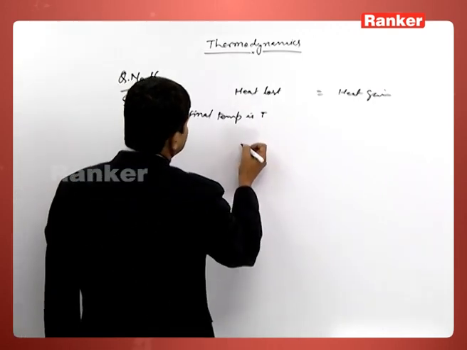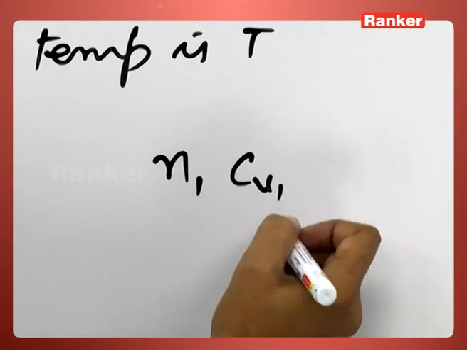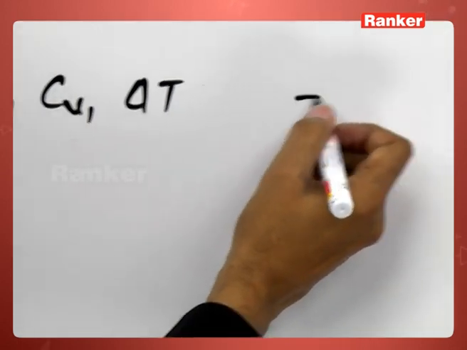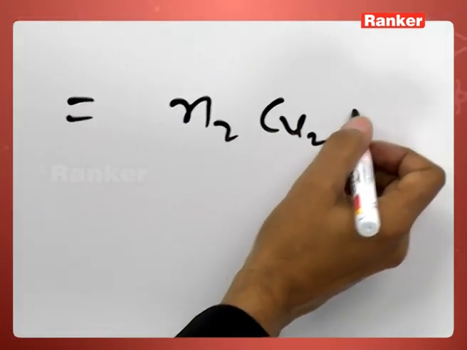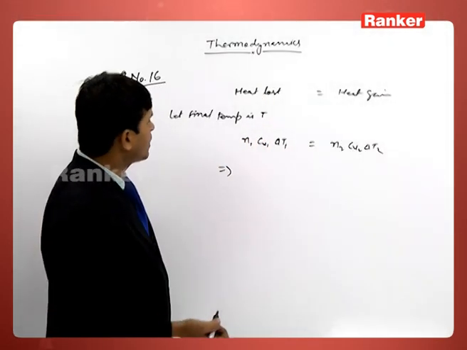The heat loss relation: N1 CV1 delta T1 is equal to N2 CV2 delta T2. Heat loss by the higher temperature body.